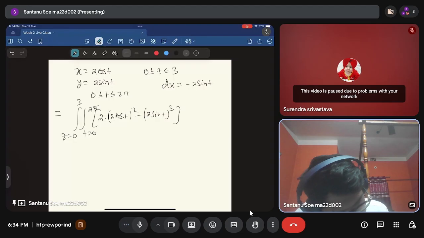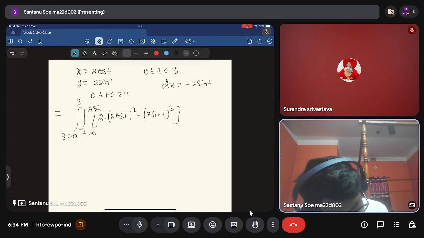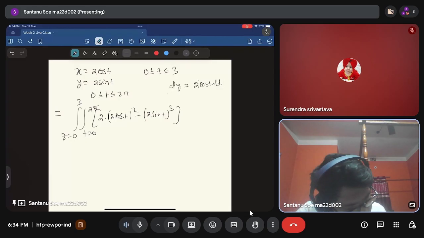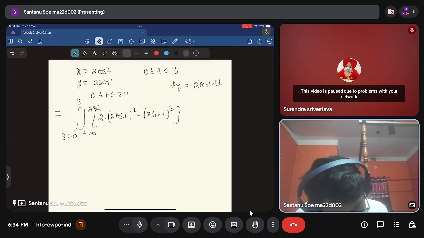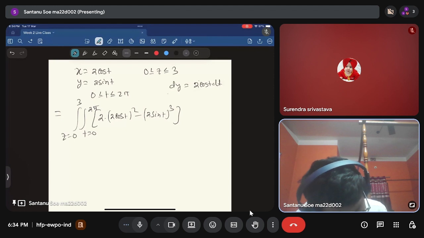So this will be 4 cos t dt dz divided by 2 cos t. Okay, because there is a division by x, that's why x is 2 cos t. So here x is 2 cos t. So this is z equals 0 to 3 and t equals 0 to 2 pi.